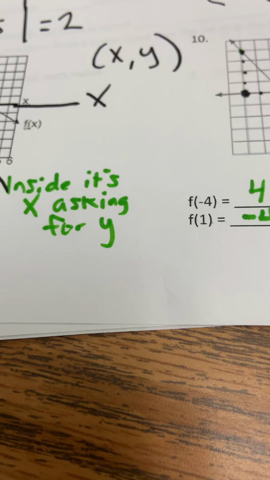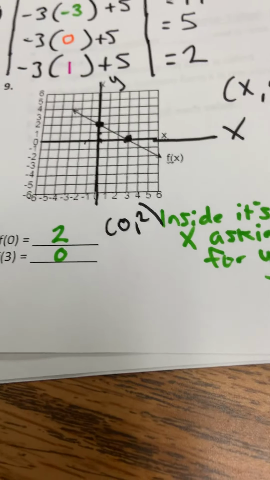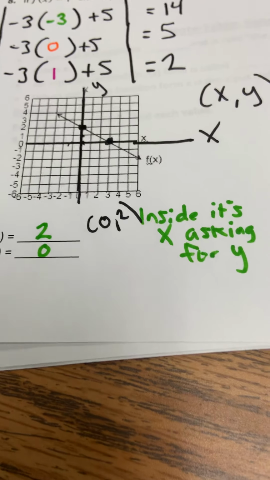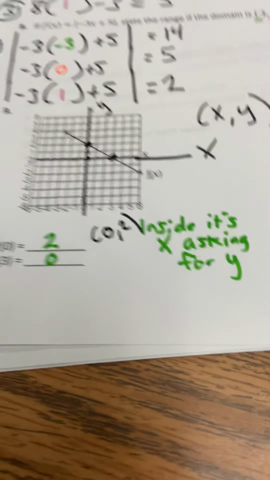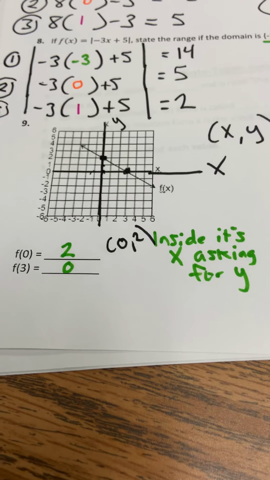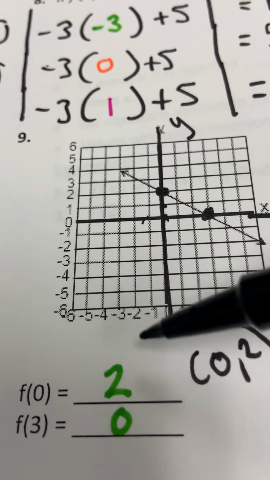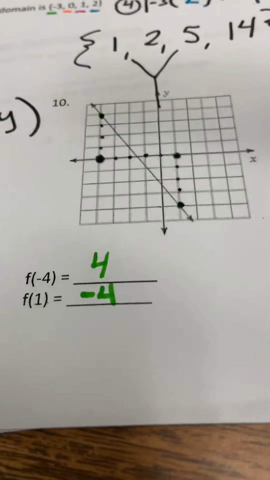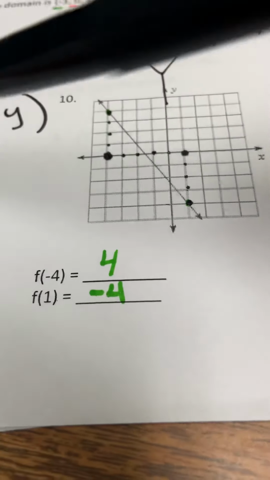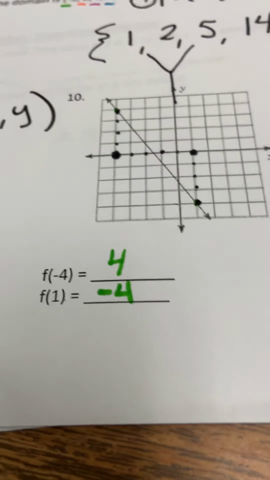I can do some more examples of that, but just know it's looking for where your y is on the line. When your x value is 0, what is your y value on the line? These are weird. You won't see too many of these, but that is how you do it.